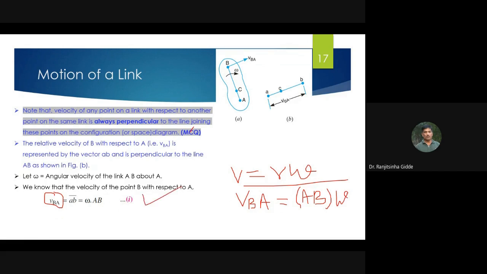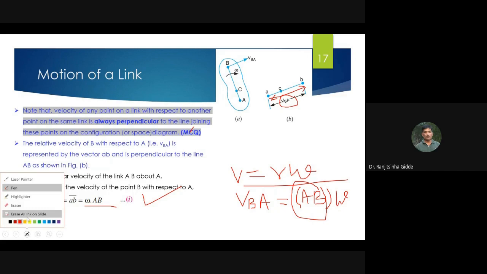So VBA is equal to vector ab, this vector ab, VBA we have written, and what is the value for that? Omega AB or AB omega. This is nothing but the radius.